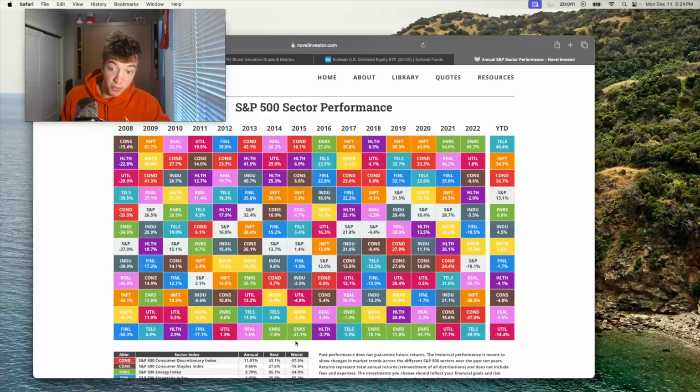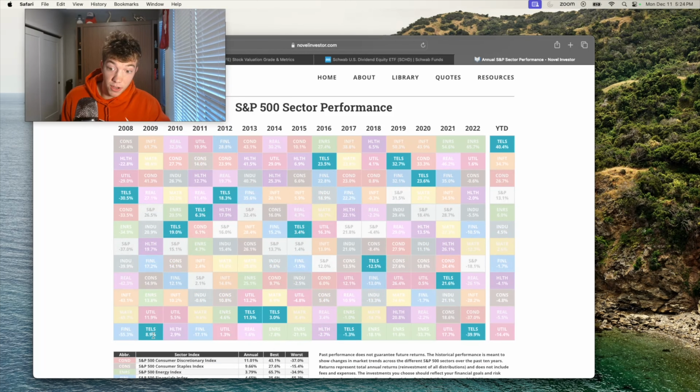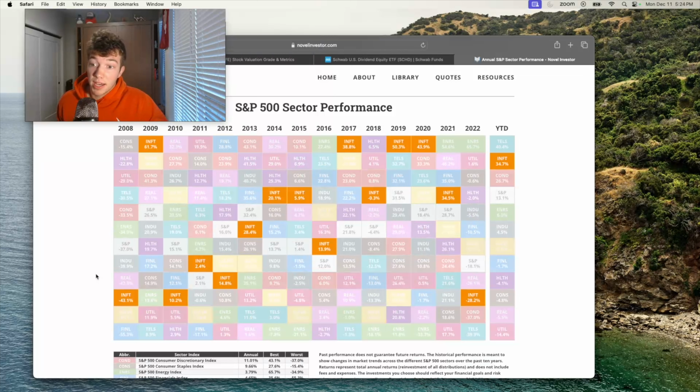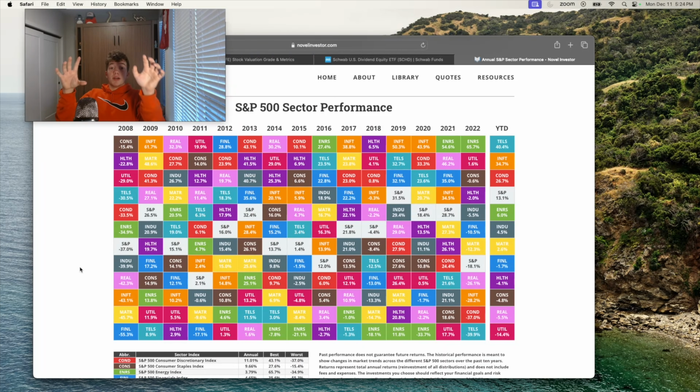There are different opportunities for sectors that have underperformed the broader market. Essentially, every year, every couple of years, there's going to be this rotation of sectors that are more in favor and more out of favor. And that's going to allow you, organically, to build your diversification, to build your portfolio over time.